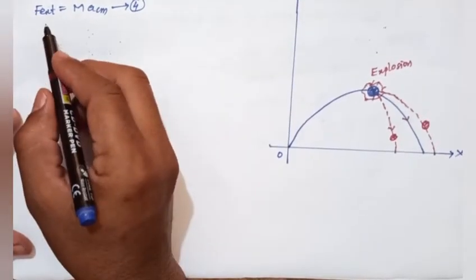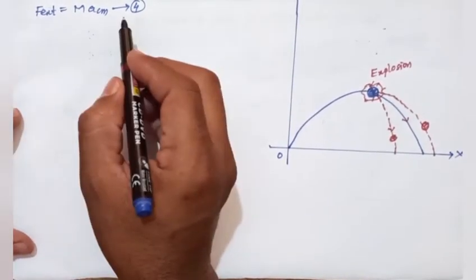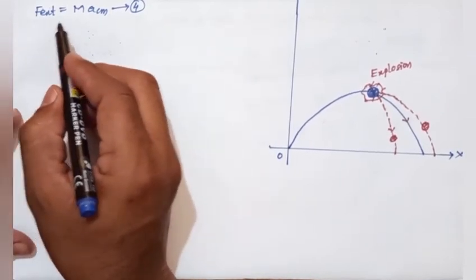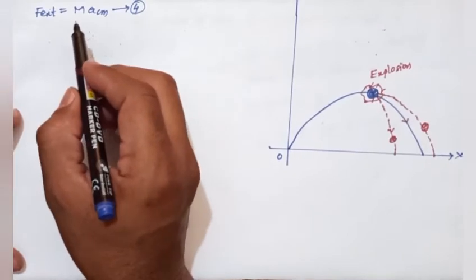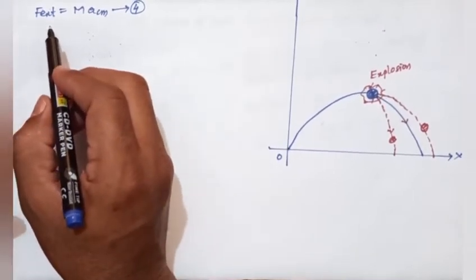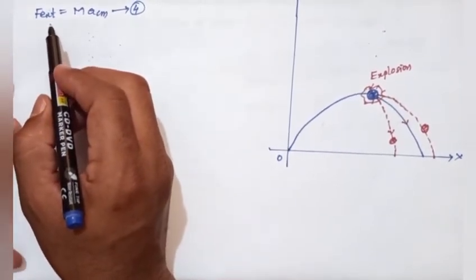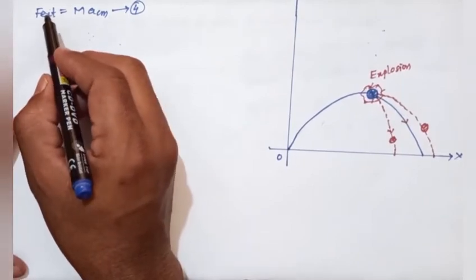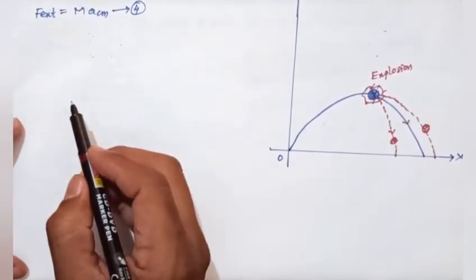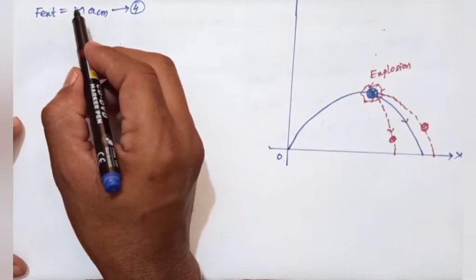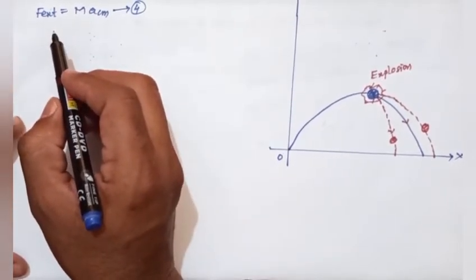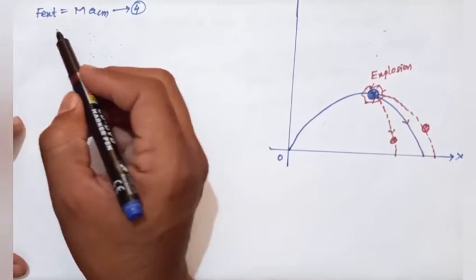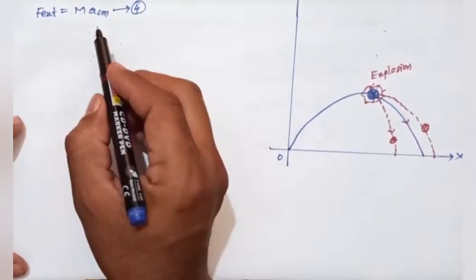Okay, listen. From equation number 4, F external equals m a_cm. Here the external force leads to some movement. So when an external force is applied on a system of particles or a rigid body, what happens?